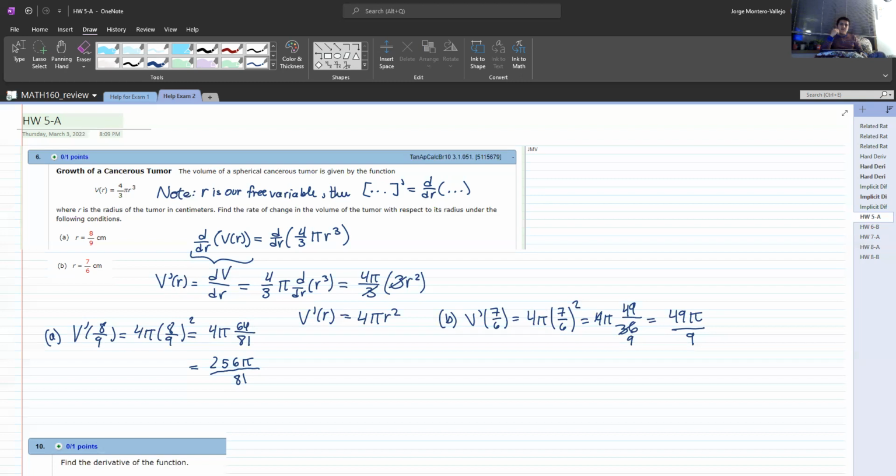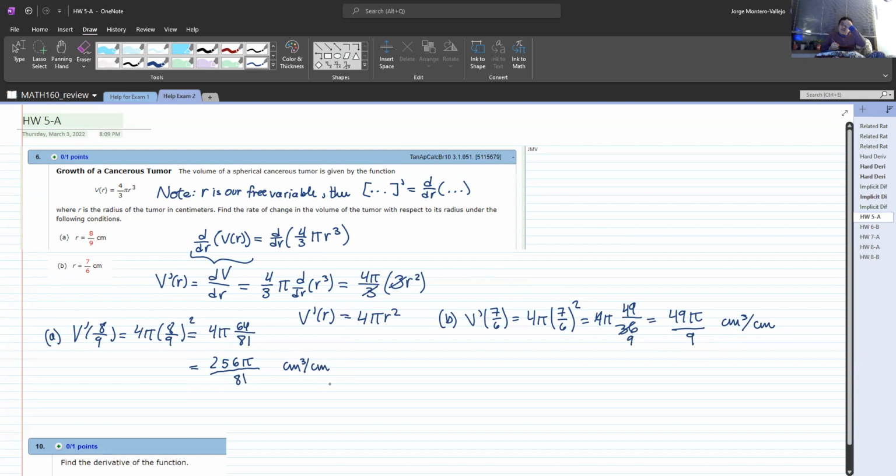Now, because we are doing the derivative with respect to the radius, the unit for the radius is centimeters, right? So then the unit will be the unit of the volume divided by the unit of the radius, centimeters cubed by centimeter, and same over here, centimeters cubed by centimeter.